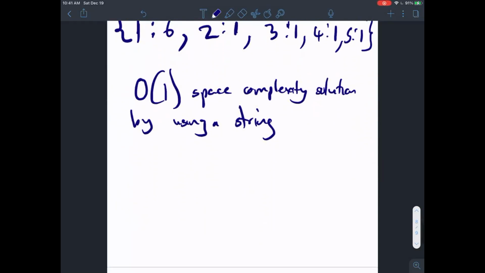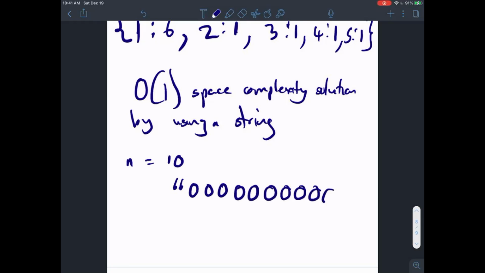So for example, if you know that your n was equal to 10, what you can do is initialize 0, 1, 3, 4, 5, 6, 7, 8, 9, 10.